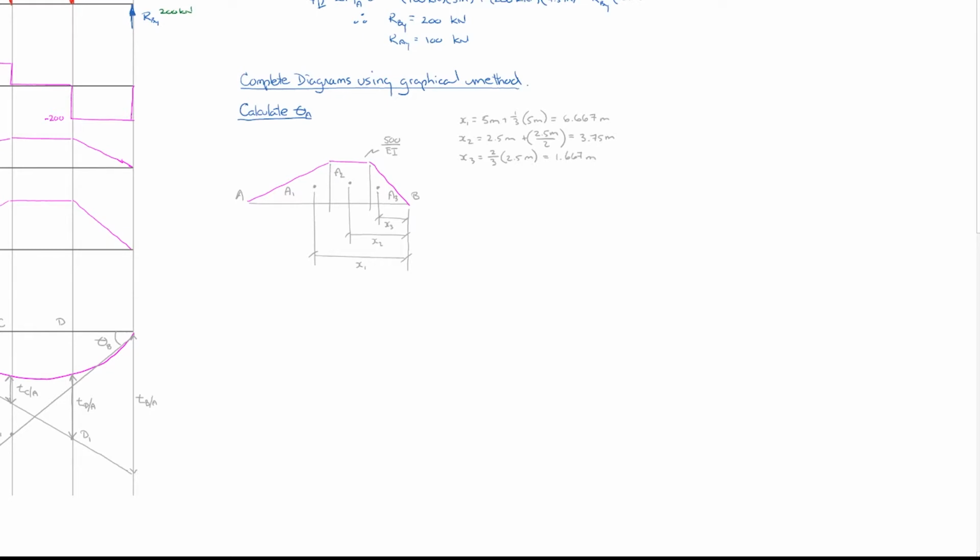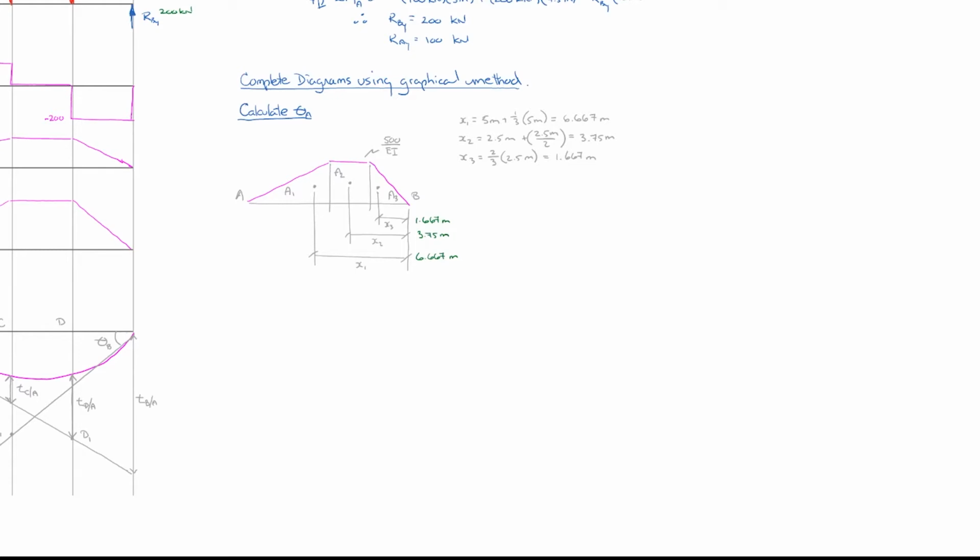And I'm just going to transfer those values down here so we can see them. 1.667 meters, 3.75 meters, and 6.667 meters down there. So we also need to know the magnitudes of areas A1, A2, and A3.